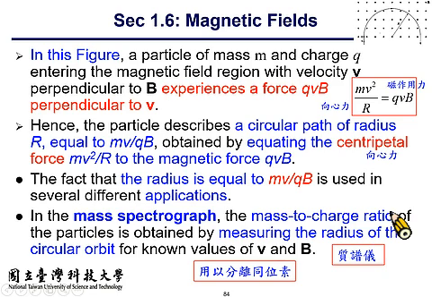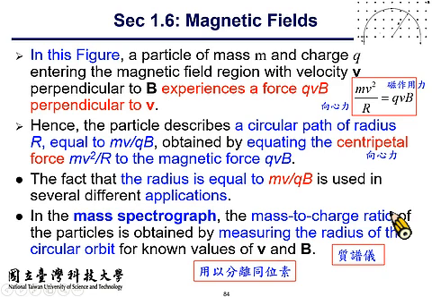R is the radius of the circular movement. And when the centripetal force is the same as the magnetic force, the radius r of the circular movement can be found as mv over qB.